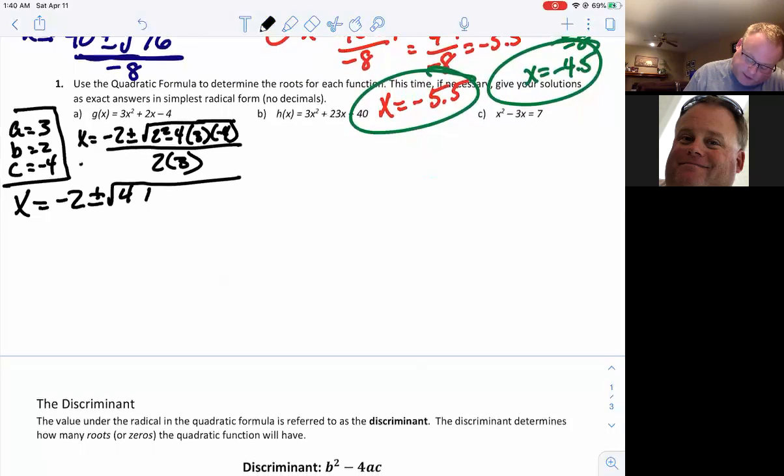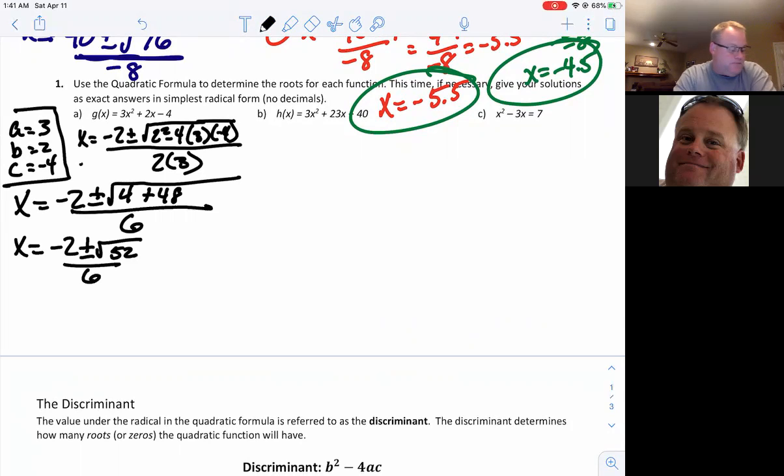So 4 plus 48, okay, all over 6. So here we go. x equals negative 2 plus or minus the square root of 52 all over 6, right?